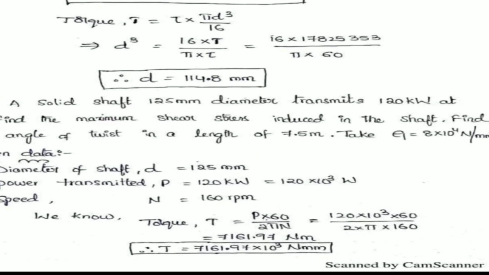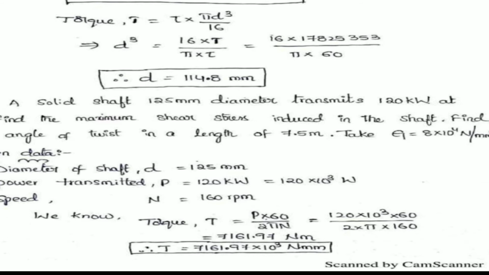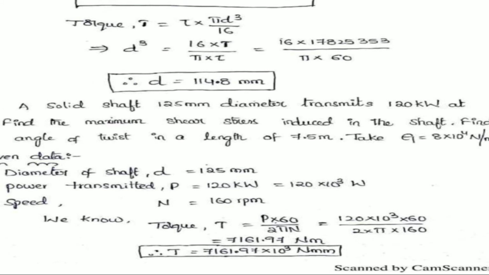Take G is equal to 8 into 10 to the power of 4 Newton per mm square. Here the diameter of the shaft and power transmitted are given. Finally, torque T is equal to 7161.97 into 10 to the power of 3 Newton mm.